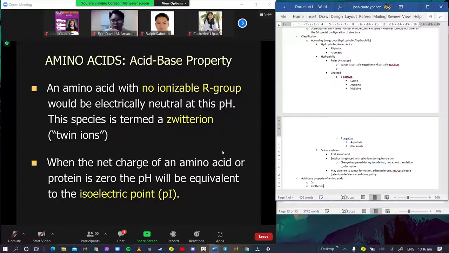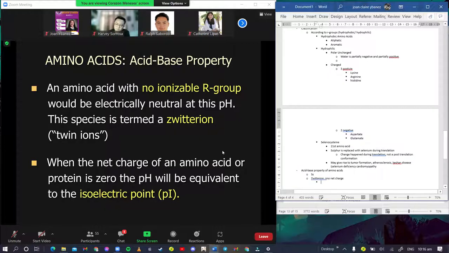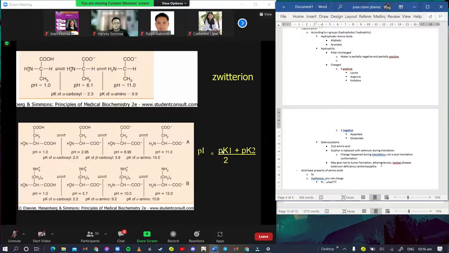The pI is the pH wherein the zwitterion exists, meaning the amino acid is neutral. Okay? So zwitterion and pI. Now, knowing all of this has something to do with separating the amino acid or the protein, depending on the pI value.